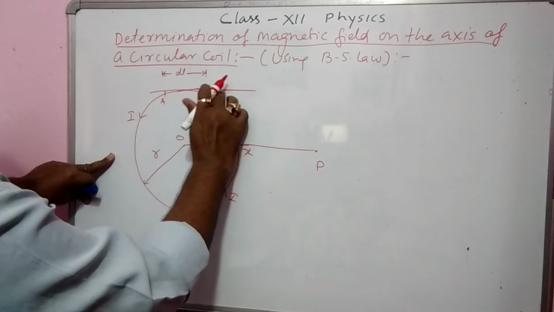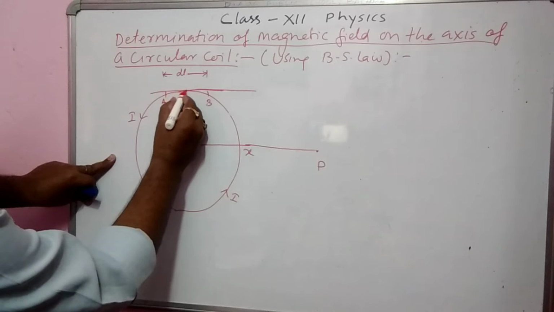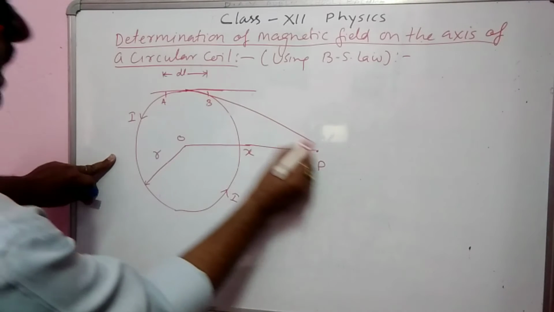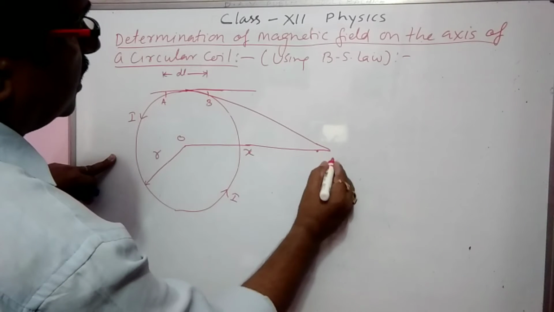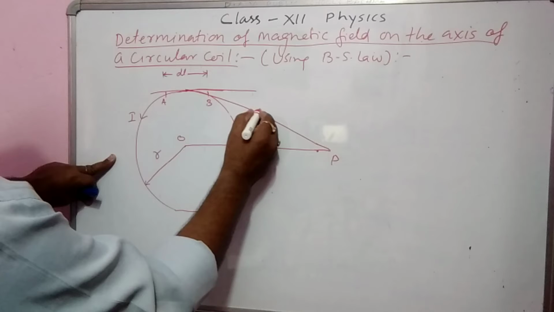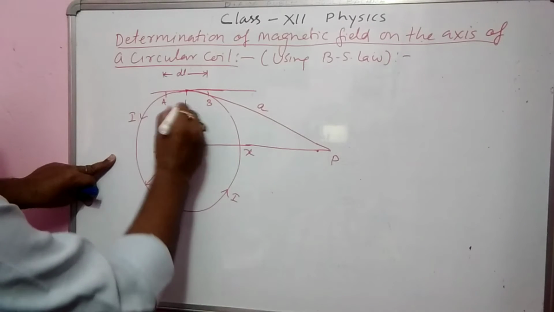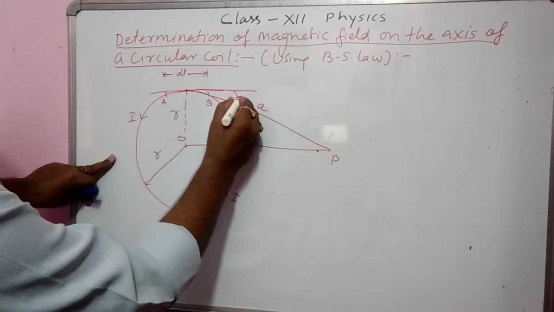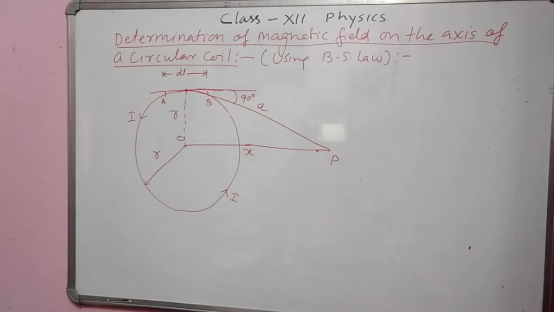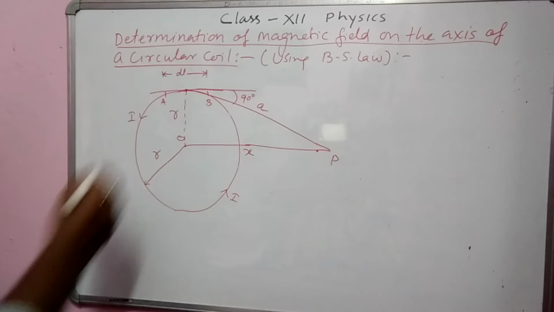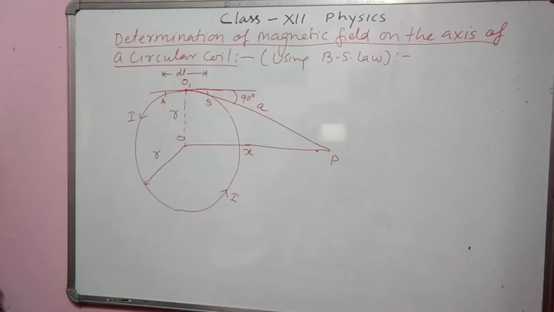From the center of the current element, this is the line joining the point P, and this distance is r. The line O dash to P makes 90 degree.